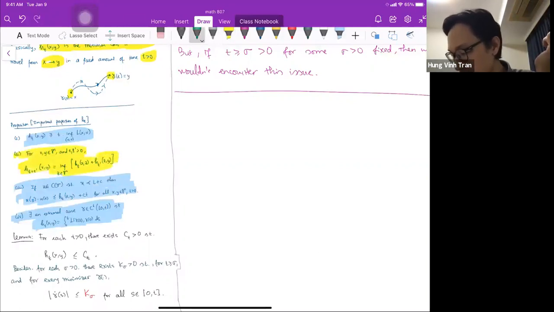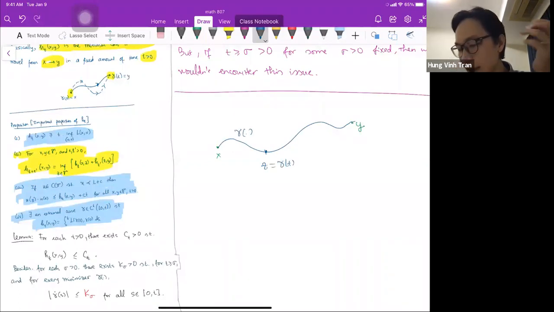What it tells us is that to go from x to y in a time t plus t prime, you always have to go through some point in between, which is z, which is gamma(t) in this case. And it turns out that to go in an optimal way from x to y, if you connect the dot at some point z, you also need to go in an optimal way.